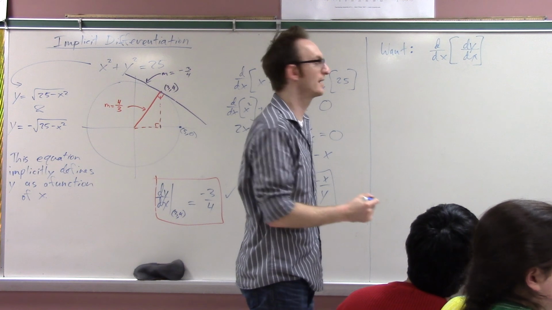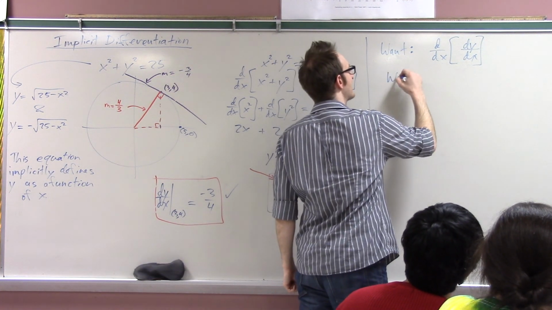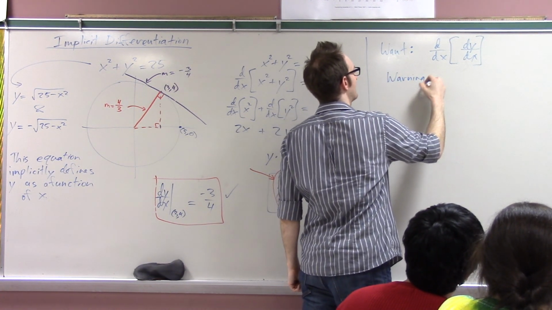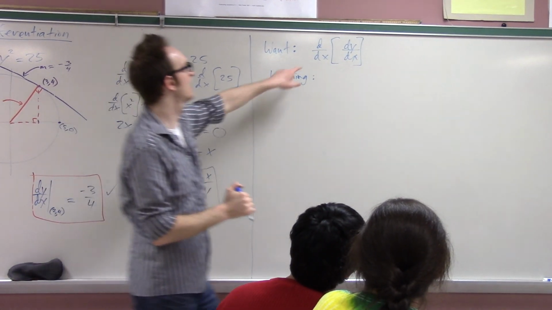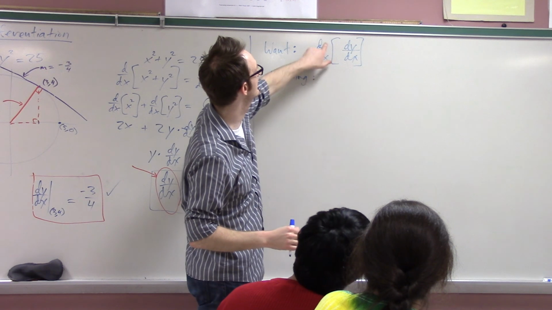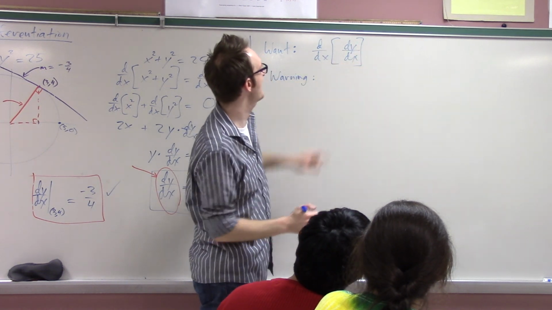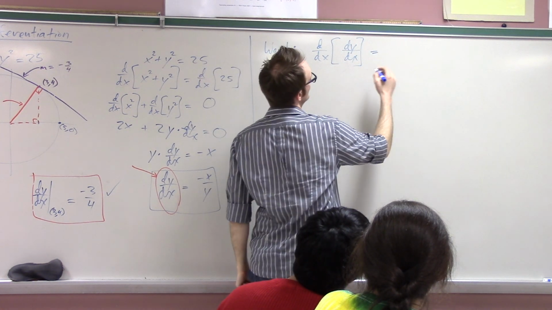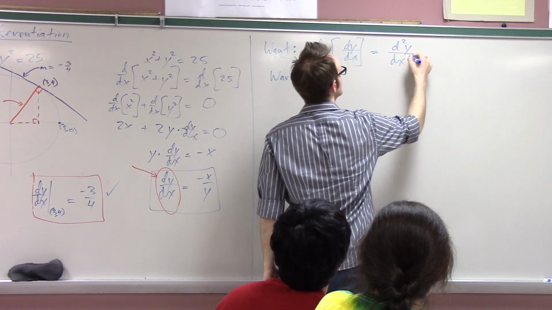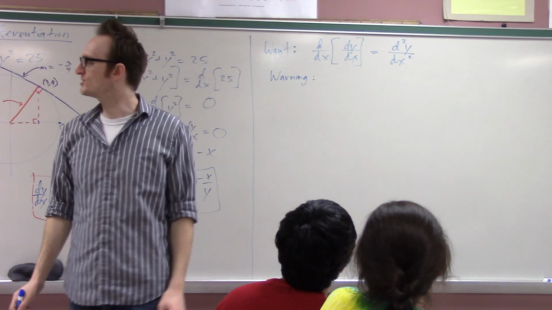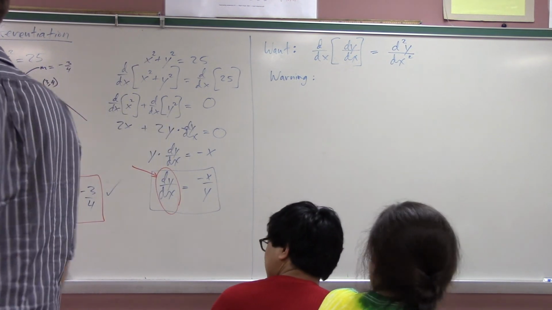By the way, warning, there is a somewhat annoying and obnoxious notation, which is very unpopular among teenagers, but it's a thing. People see this d/dx of dy/dx, and for shorthand they turn it into d squared y over dx squared. There's no deep meaning behind that.